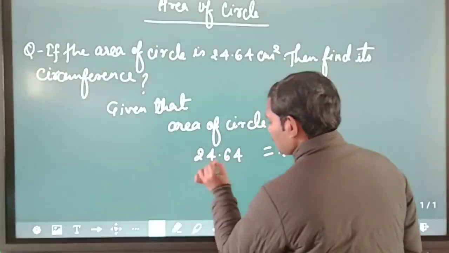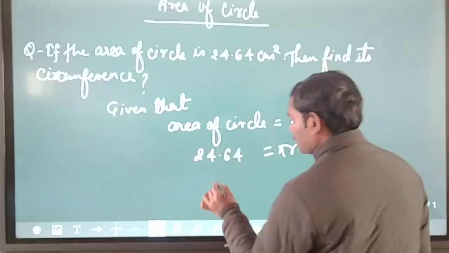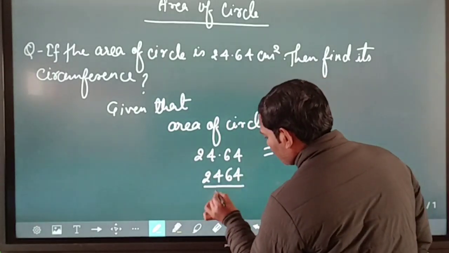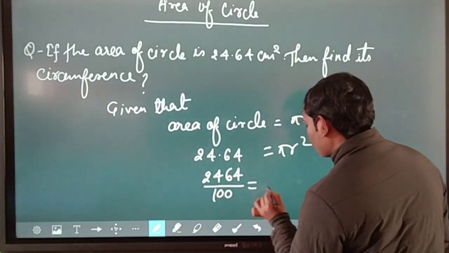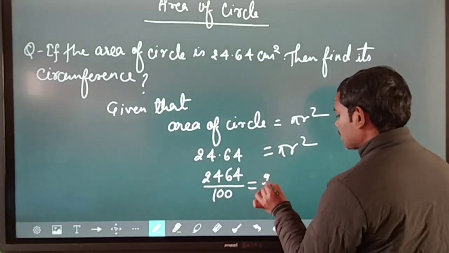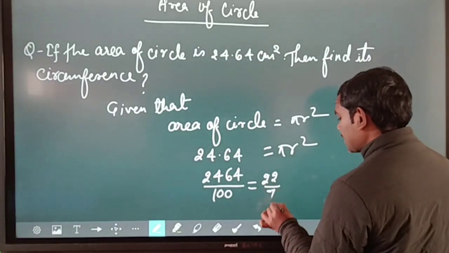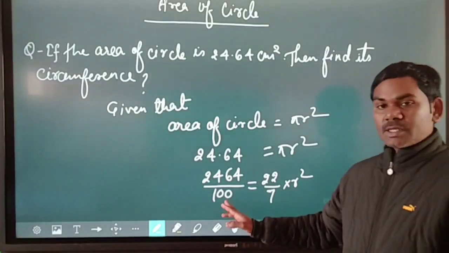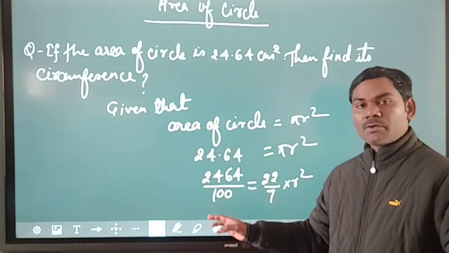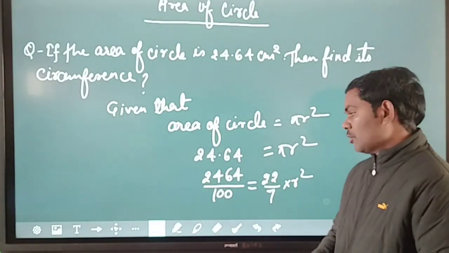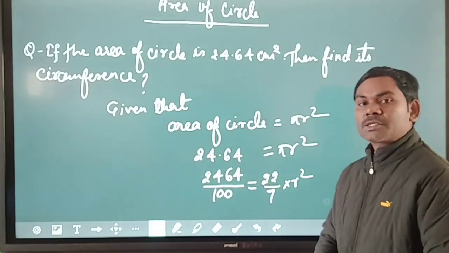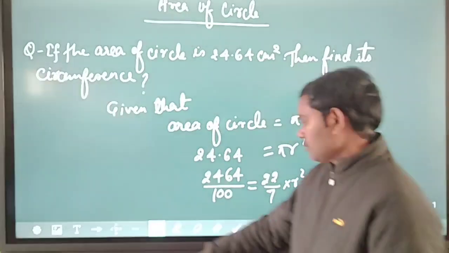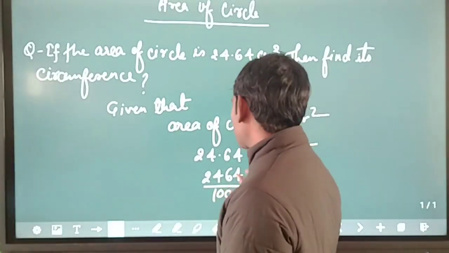This 24.64 can be written as 2464 upon 100 is equal to the value of pi, which is 22/7, into r square. This is because in order to remove the decimal, we write 24.64 as 2464. Now let's solve it again.